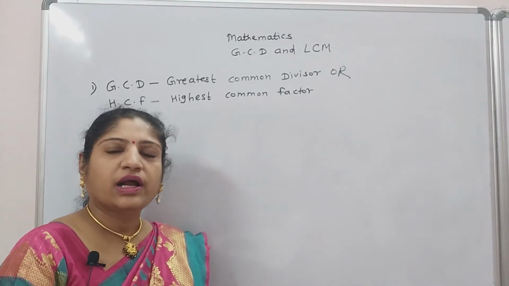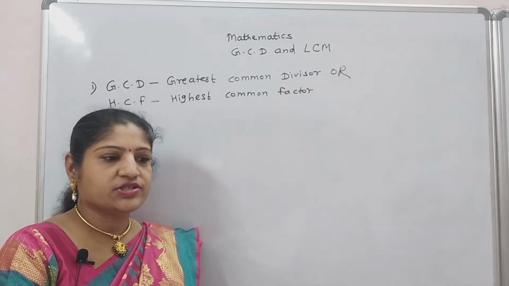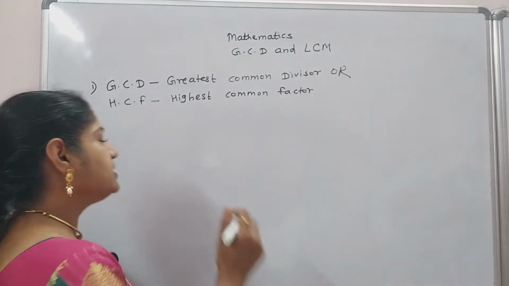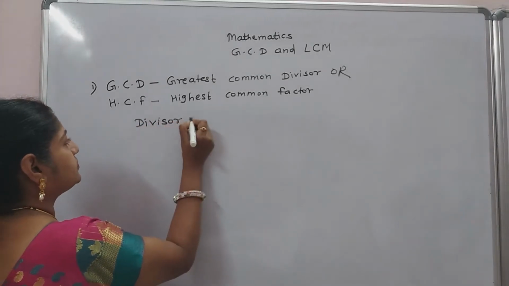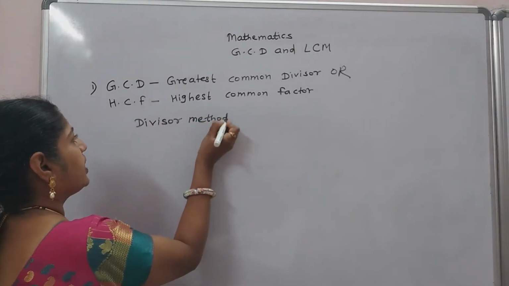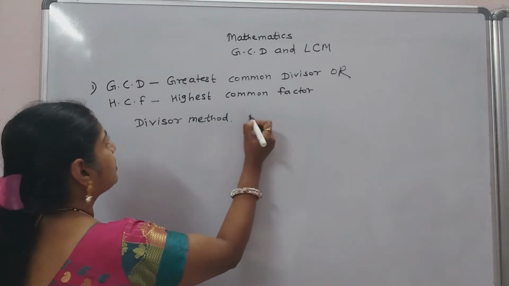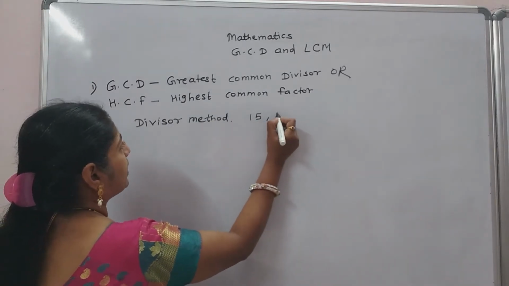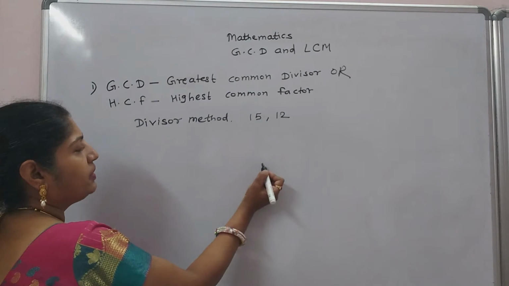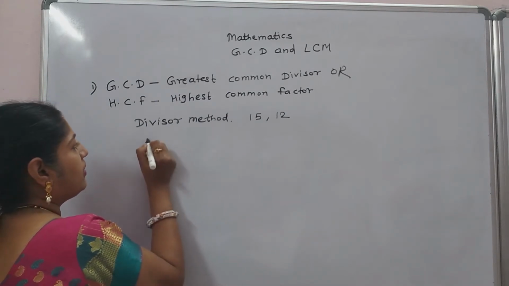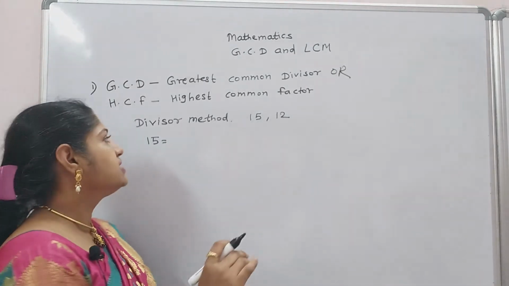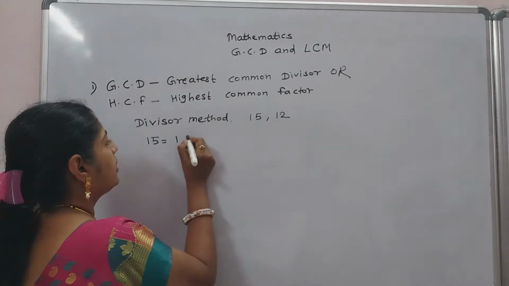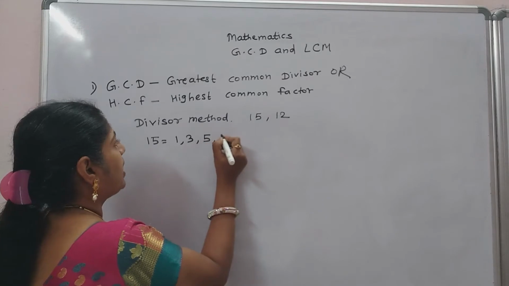Now there are two methods of finding GCD. Number 1 is the divisor method. For example, find the GCD of 15 and 12. Write down all the divisors of 15: 1, 3, 5 and 15.